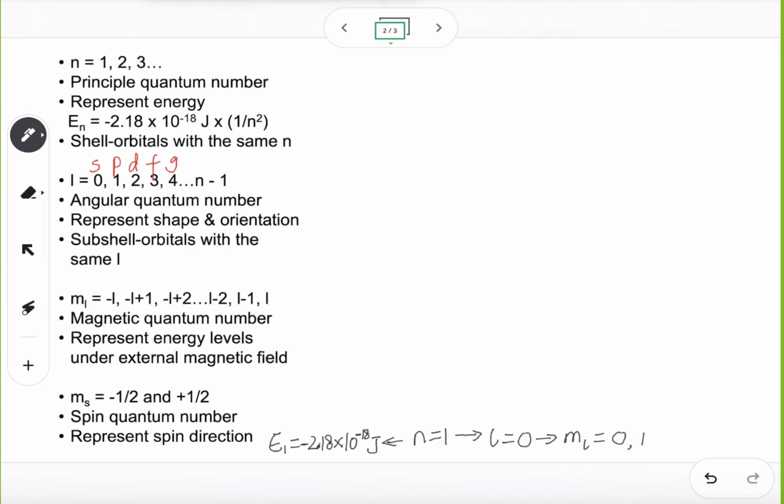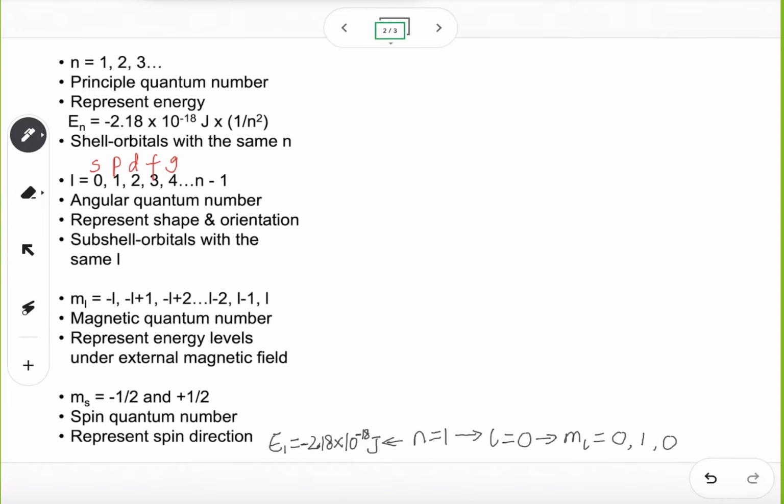you have to take a look at the limits for ML. The lowest value for ML is negative L. The largest value for ML is positive L. If L equals 0 here, then the smallest value for ML is 0, and the largest value for ML is positive L, so it's also 0.